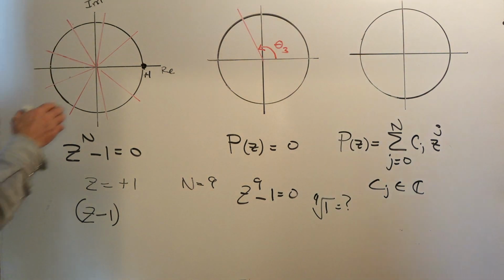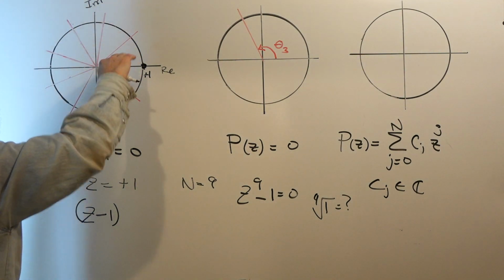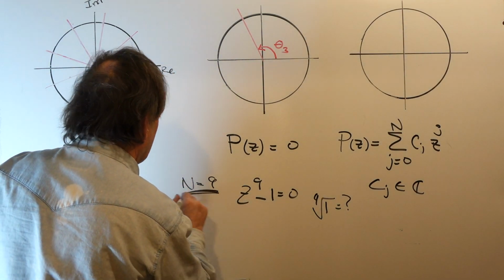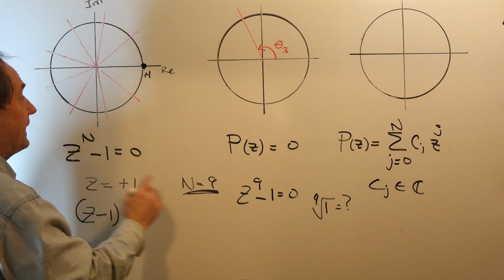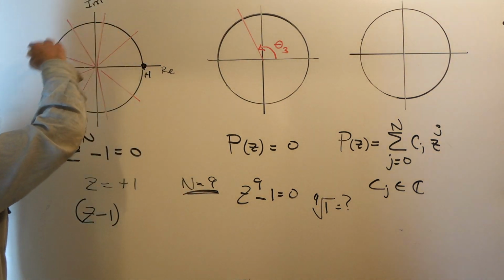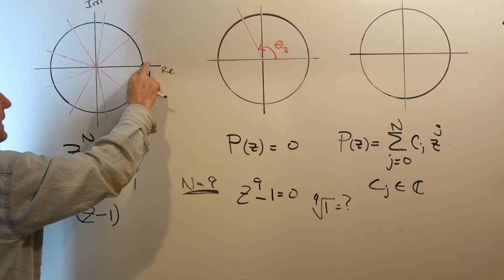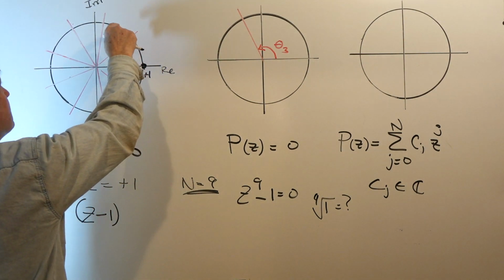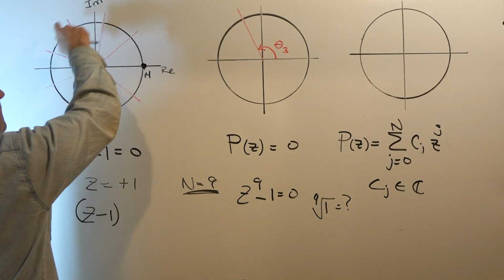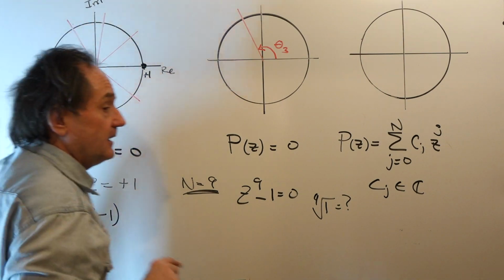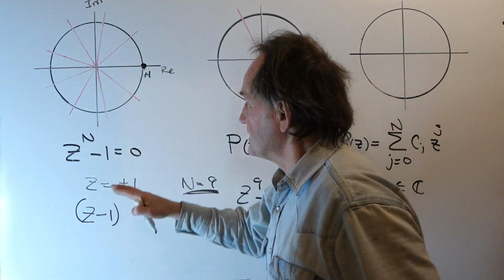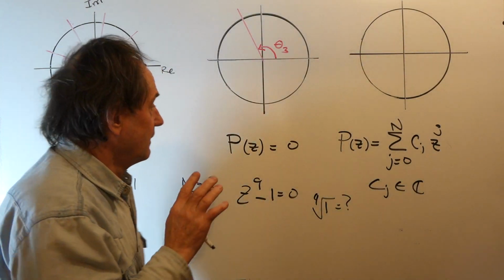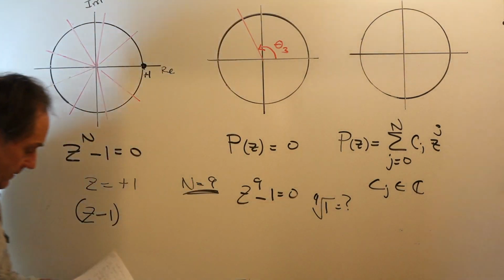And then we divide the circle into 9 equal parts. Since n, the order of the equation, is 9, we divide the circle up into 9 equal parts beginning at plus 1. And then those points along the perimeter of the circle are the roots to this equation, the n roots of 1.